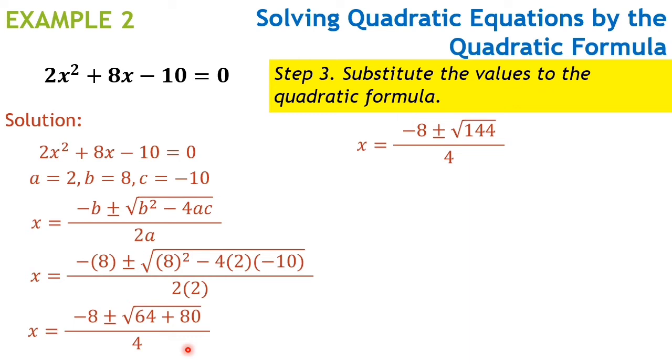And here, you are going to find the square root of 144. What is the square root of 144? Very good. So that will become x equals negative 8 plus and minus 12 all over 4.